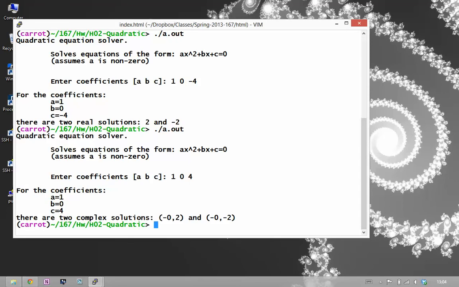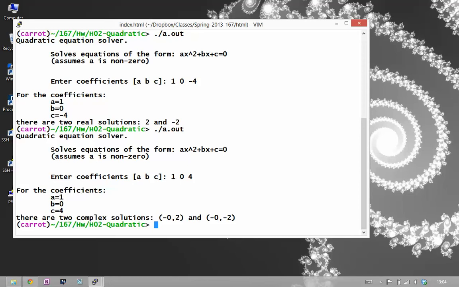There are two complex solutions, and notice how I give them to you. I've actually tweaked the assignment, I think Monday or Tuesday, to give you a little bit of flexibility on how you present these complex numbers. You can present complex numbers to readers in two ways.